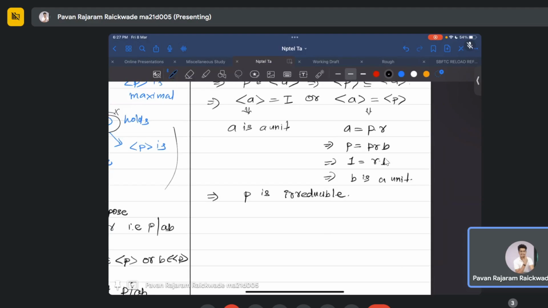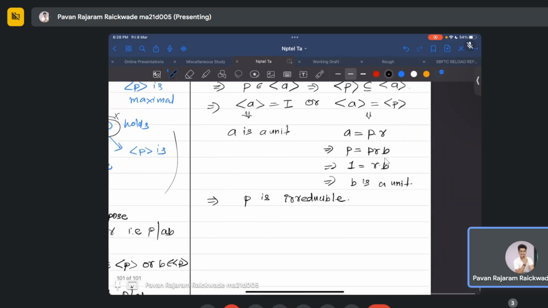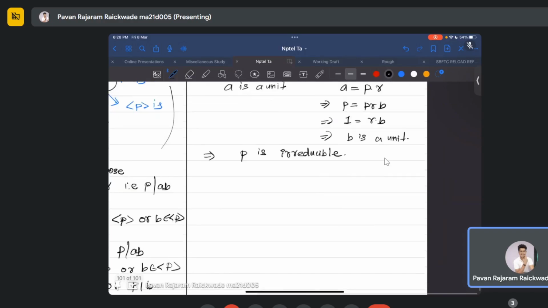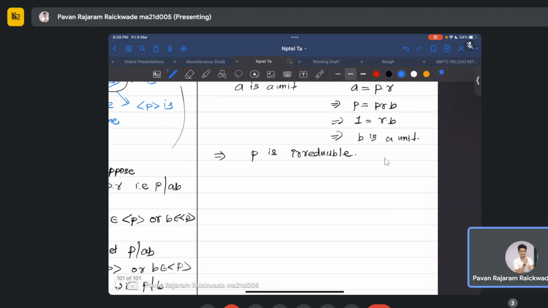So naturally we ask the question: which are the rings where the converse is true? So irreducible if and only if prime, something like this. We will prove that principal ideal domains are such an important class of integral domains.